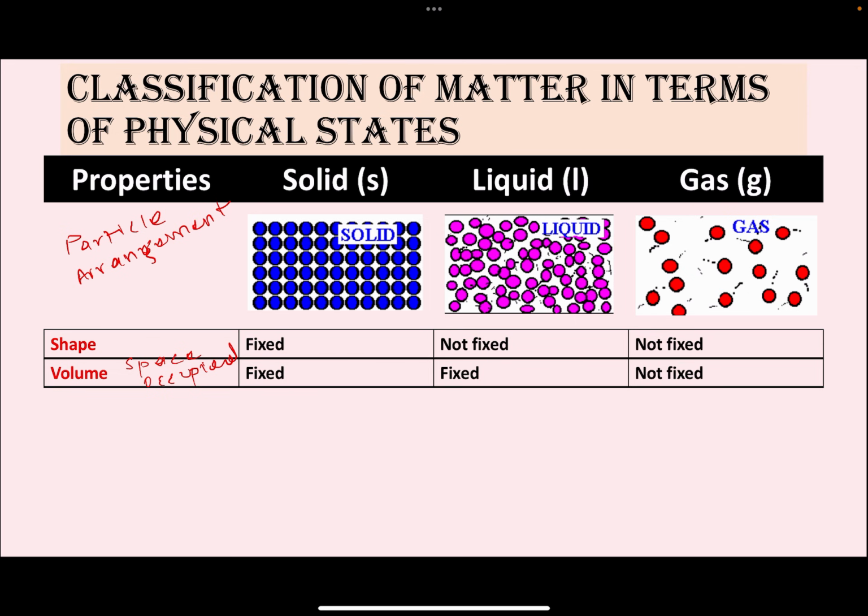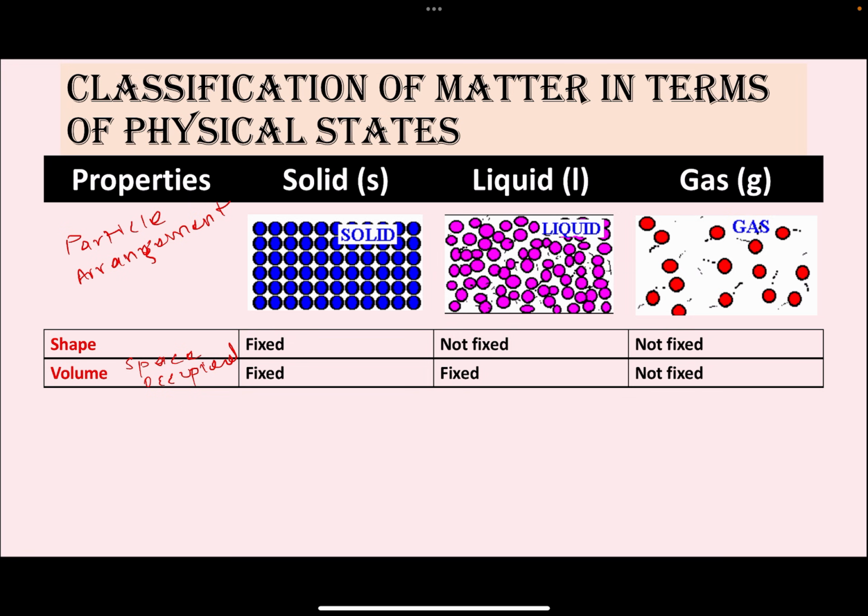Even if we have our gas in, let's say, a 5 centimeter cubed container, that's the volume of the container, not of the gas, because gas particles in that container are still very far apart from each other, so they're not occupying the entire space in that container.